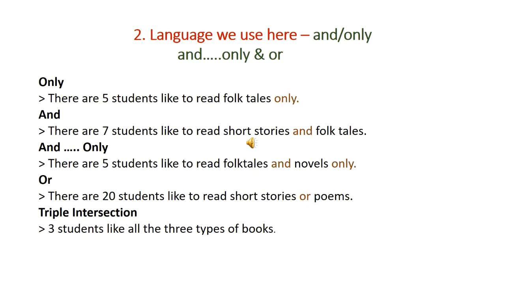And only: there are 5 students who like to read folk tales and novels only. Or: there are 20 students who like to read short stories or poems. Triple intersection: 3 students like all the 3 types of books.